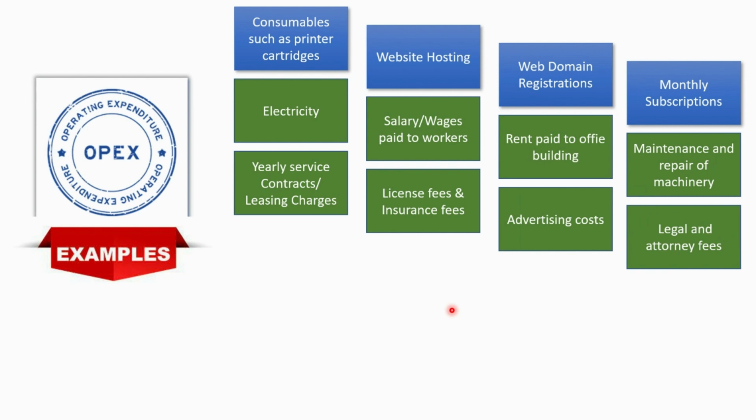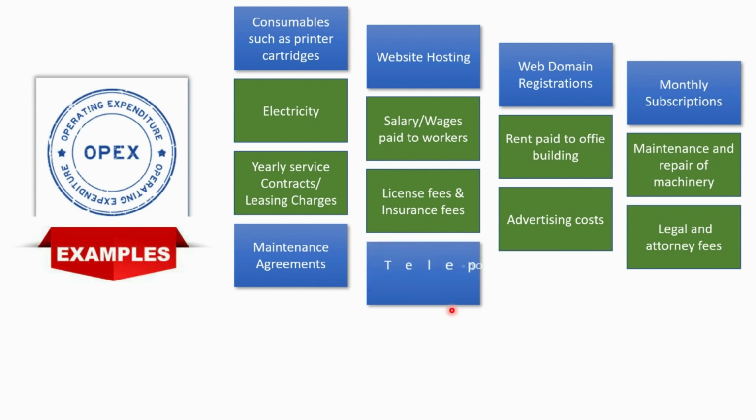And the next item, legal and attorney fees that you incur for anything related to your business, come under operational expenditure. Anything like a maintenance agreement between you and any of your contractors or suppliers is also considered operational expenditure.